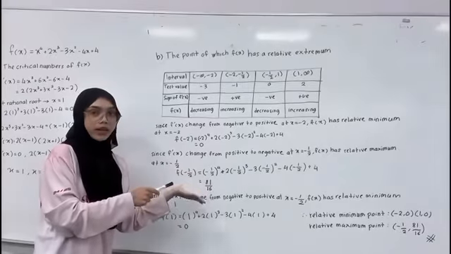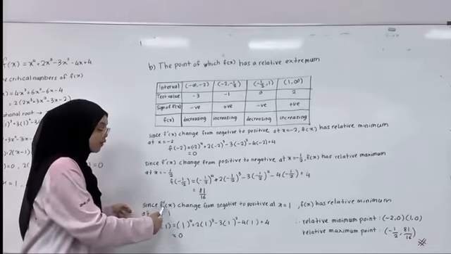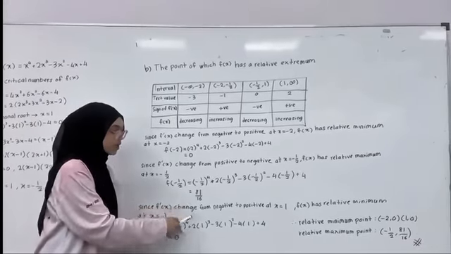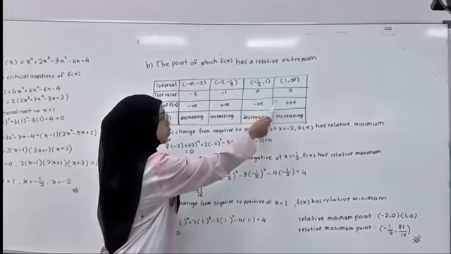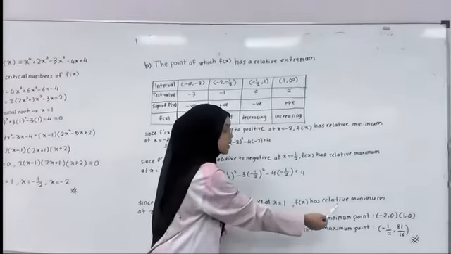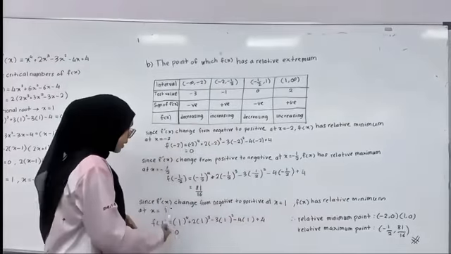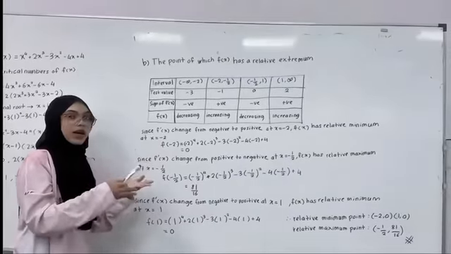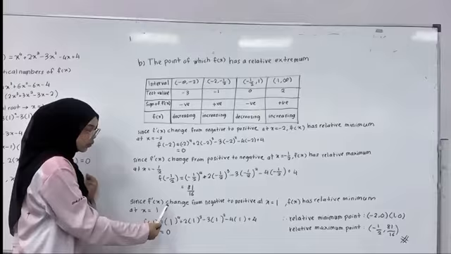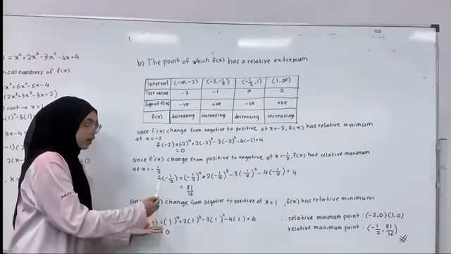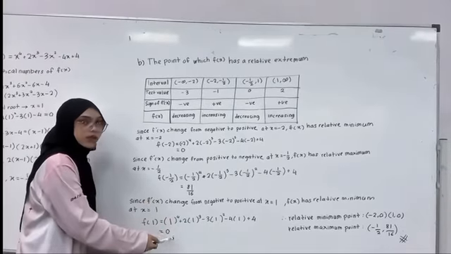Last, since f'(x) changes from negative to positive at x equal to 1, f(x) has a relative minimum. As before, we substitute x equal to 1 into the f(x) equation, then we get y equal to 0.